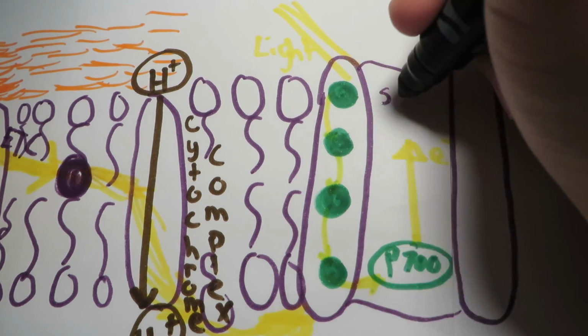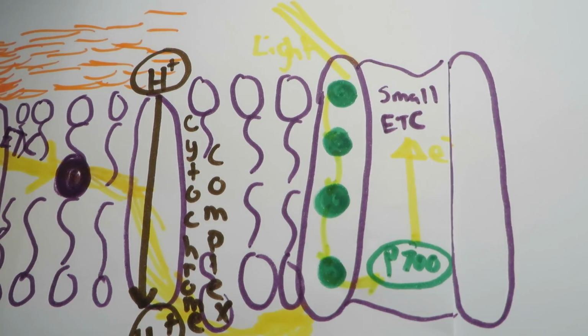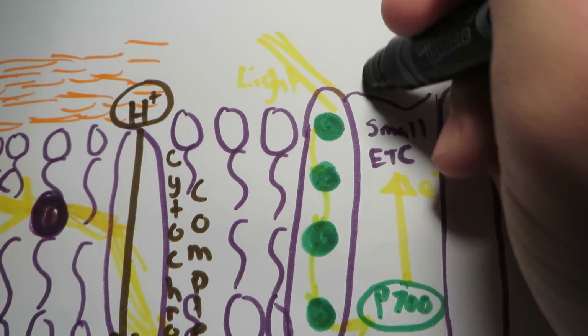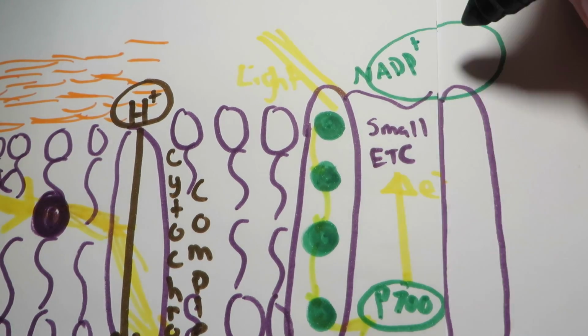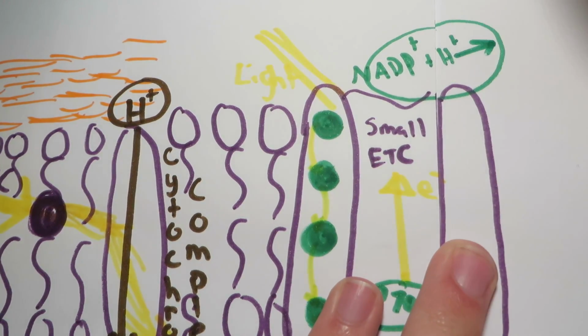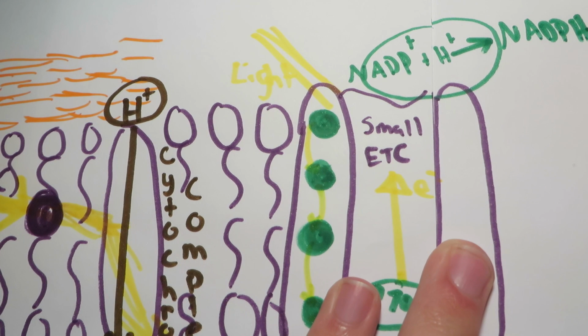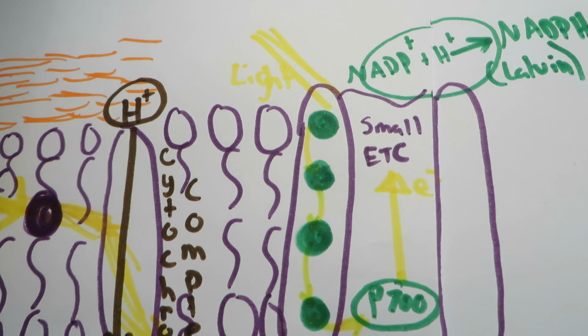To do this, light energy is passed from chlorophyll molecule to chlorophyll molecule. Once an electron is passed up to the primary electron acceptor, a small electron transport chain occurs, which then powers the reduction of NADP plus to NADPH.